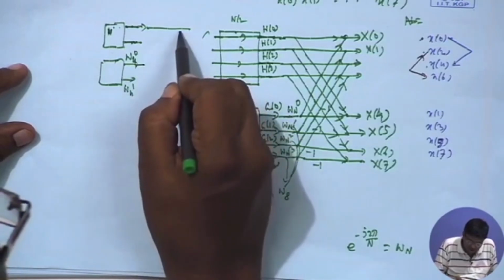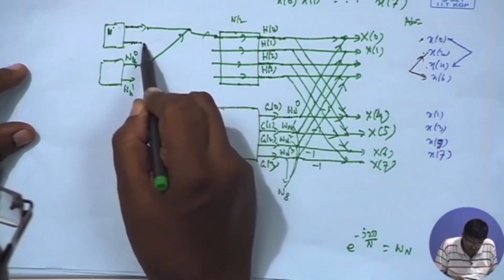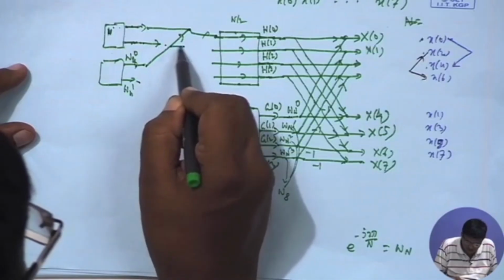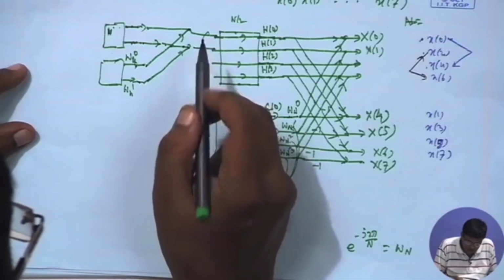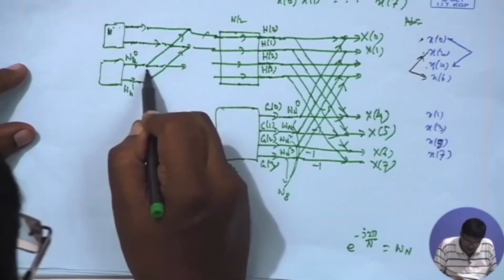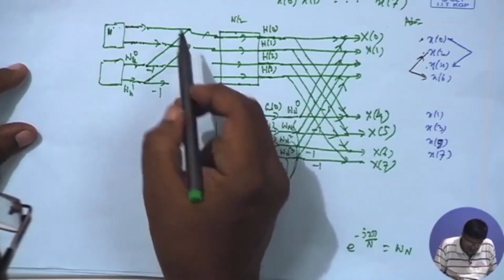After that, they will be added. And then this direction it will undergo -1, this direction will undergo -1, this we have already seen.